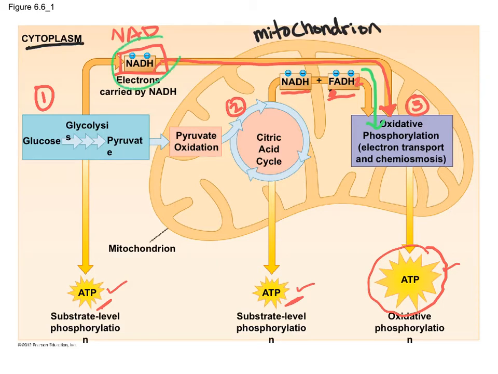All of that energy being carried by these electron carriers is going into ultimately that third step. And that's why we get the most amount of ATP being created through oxidative phosphorylation in that very last step.